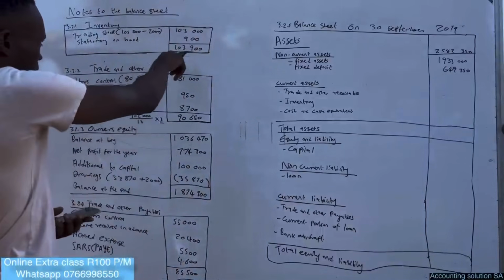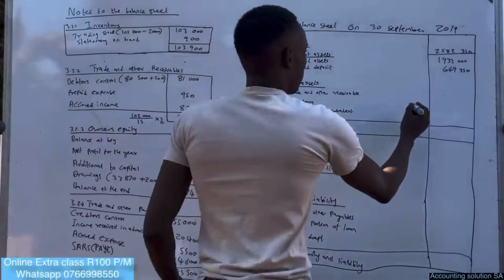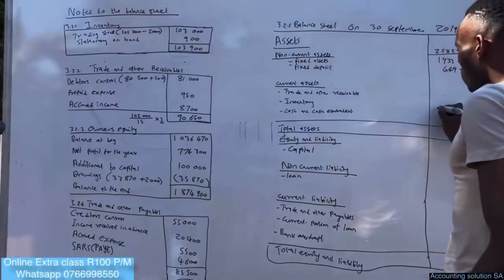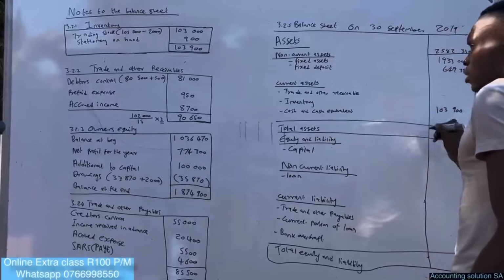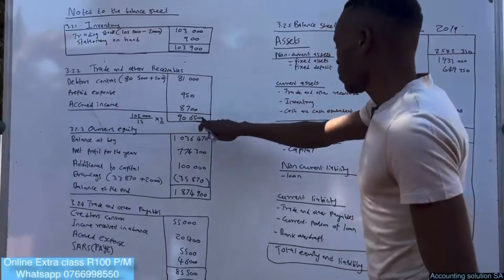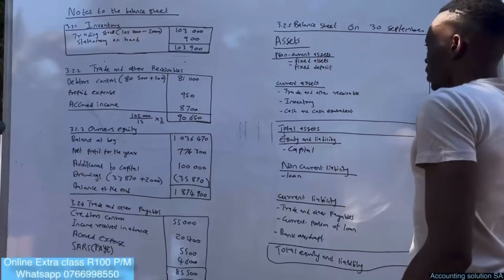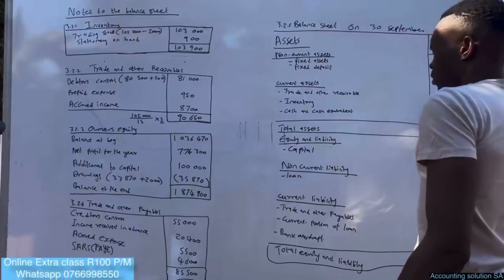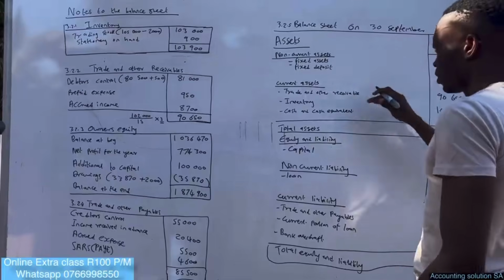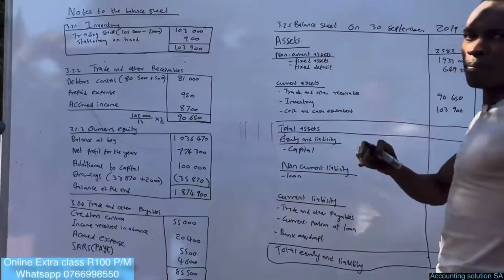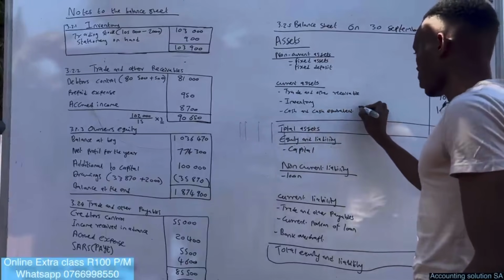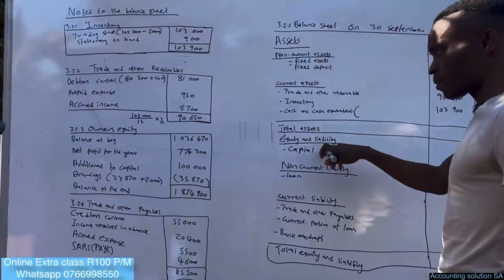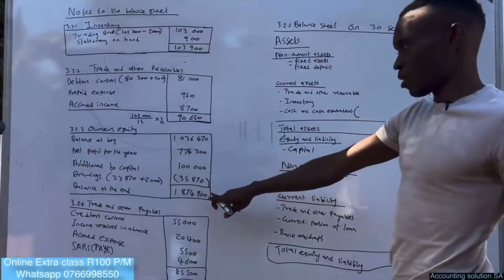We have prepared inventory already, which means that inventory, we have an amount which is 103,900. We have prepared trade and other receivables, which is 90,650. This one they were already given under the answer book. Okay, cash and cash equivalent, we must work this one. Capital is this one.